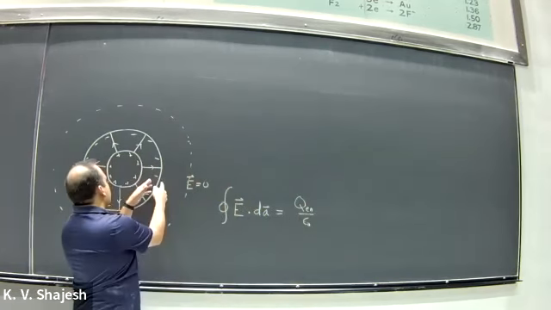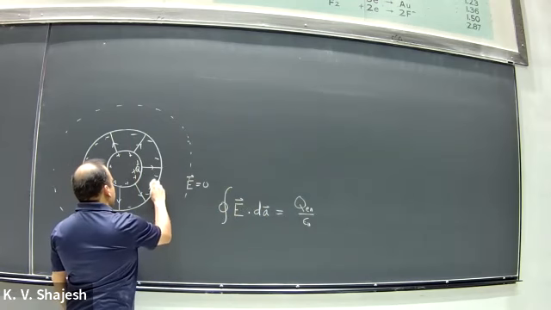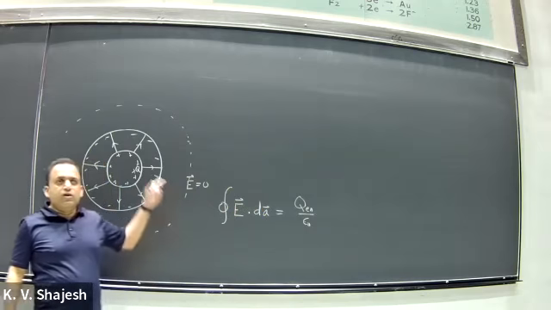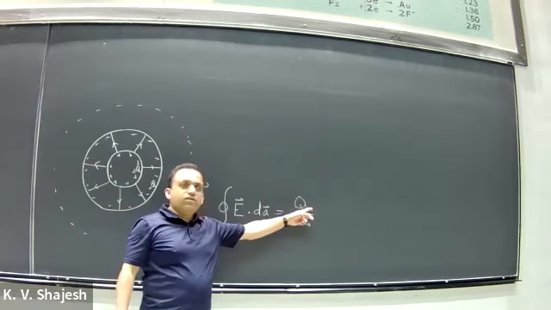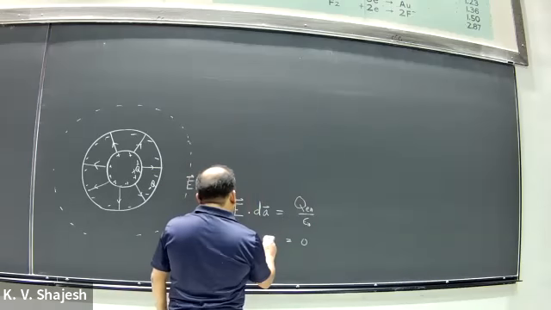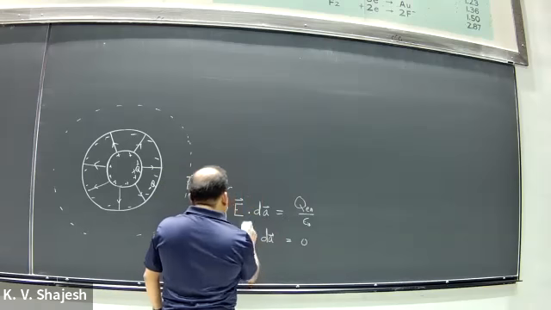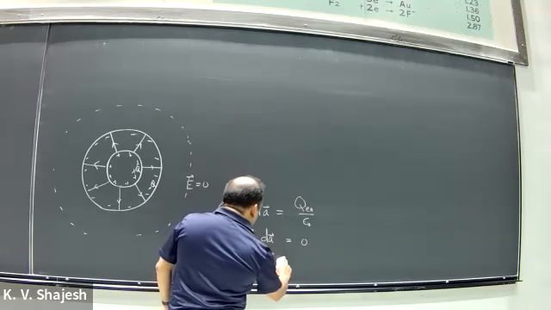Because there is a positive charge Q here and a negative charge Q here, together that's zero. These two together make that equal to zero. If this is equal to zero and the area is fixed, the only way you can argue that is that electric field is equal to zero.